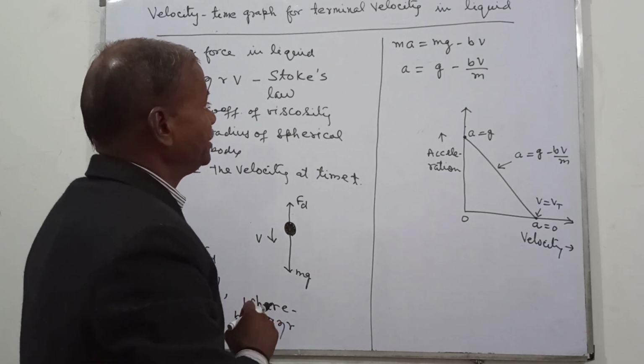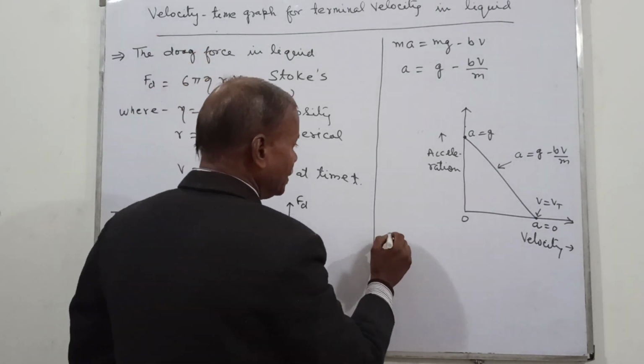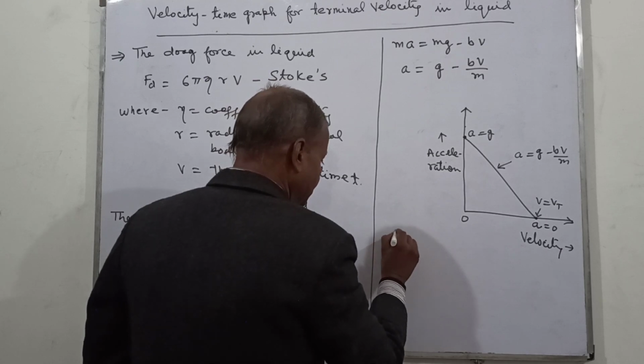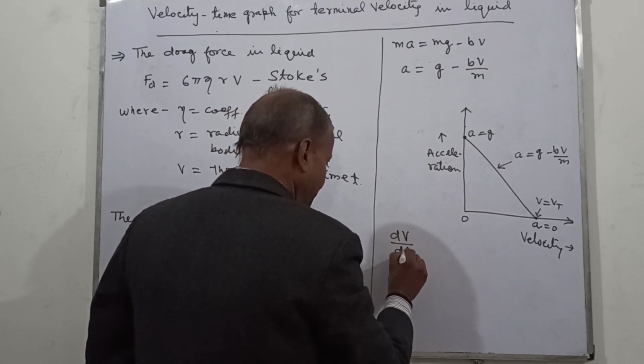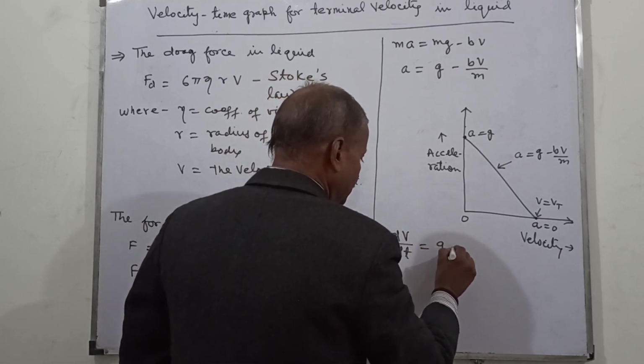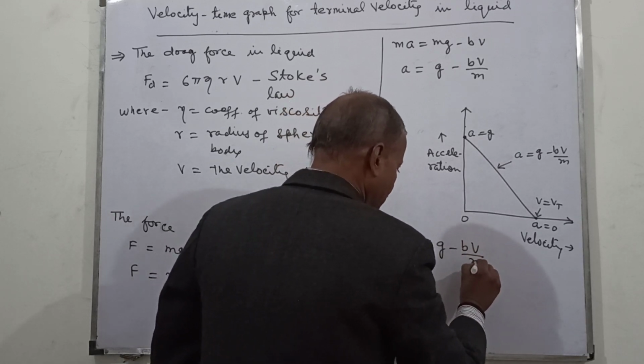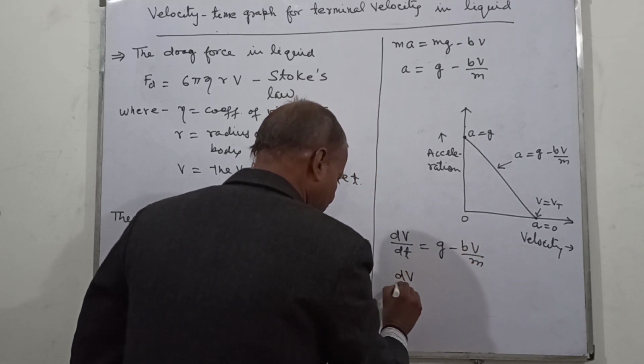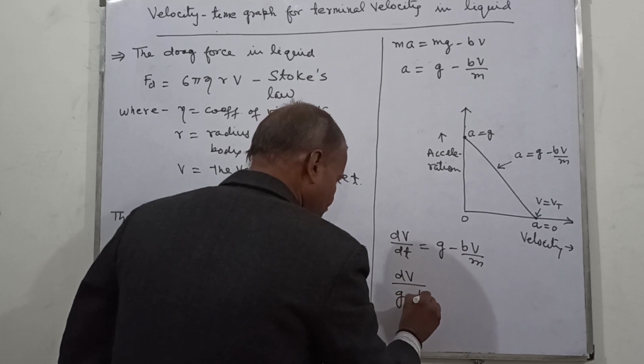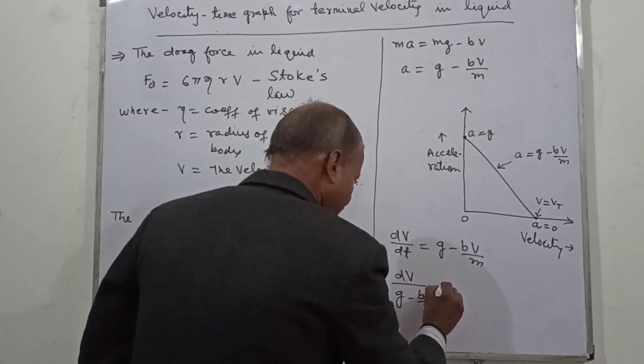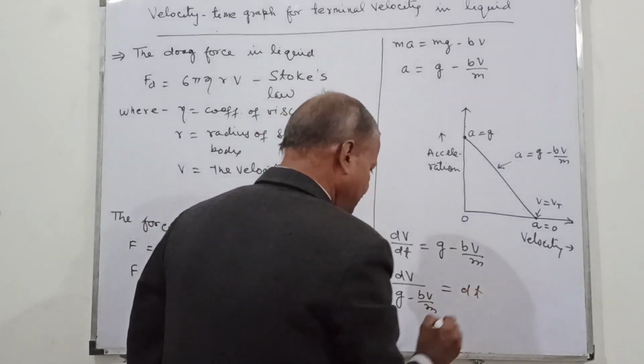So now we can write the acceleration dv upon dt equal to g minus bv upon m, or dv upon g minus bv upon m equal to dt.